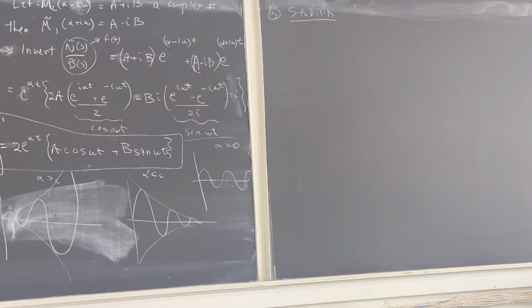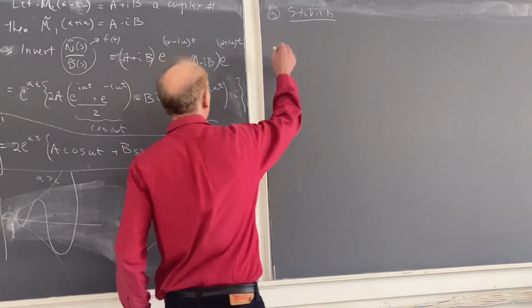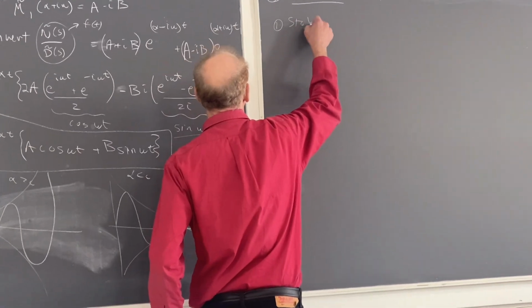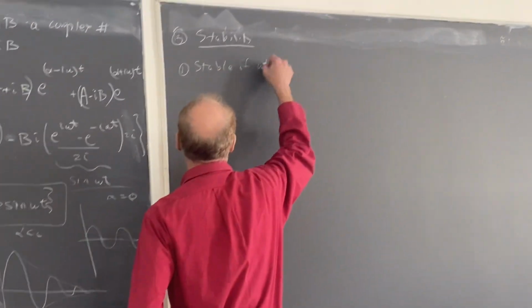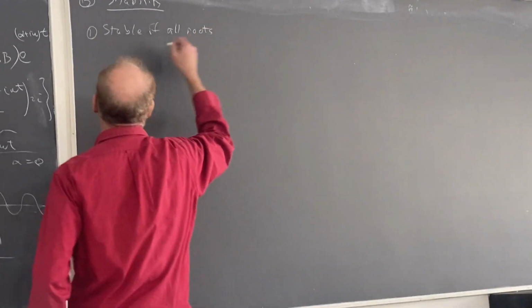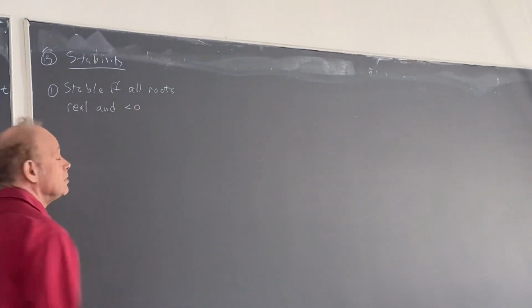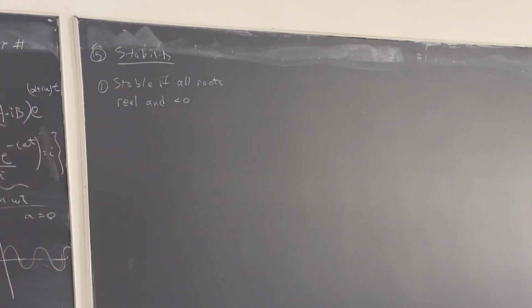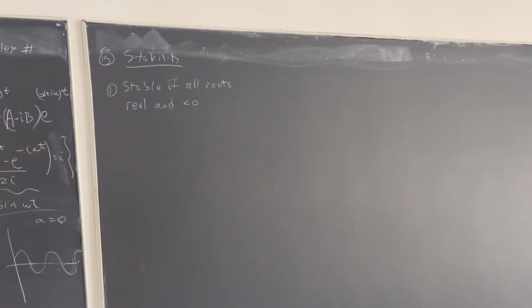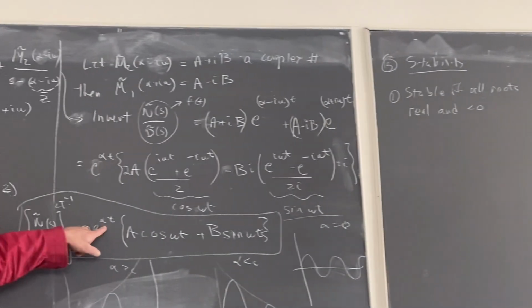So, for example, if you have a bunch of roots and they all have s less than 0, I'm safe. It's stable. So, stability. 1. It's stable if all roots are real and negative. Well, I can do better than that. Even this can be stable if alpha is negative.